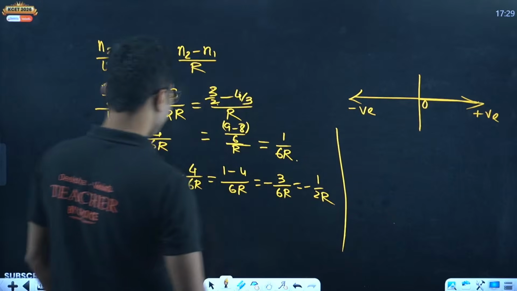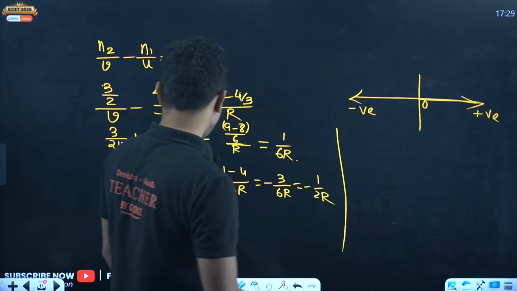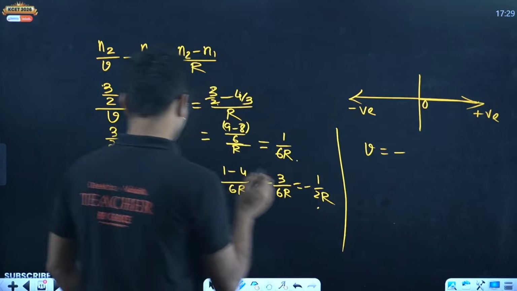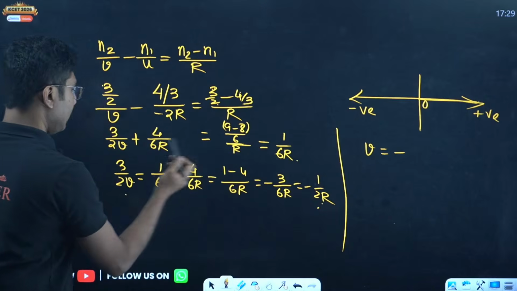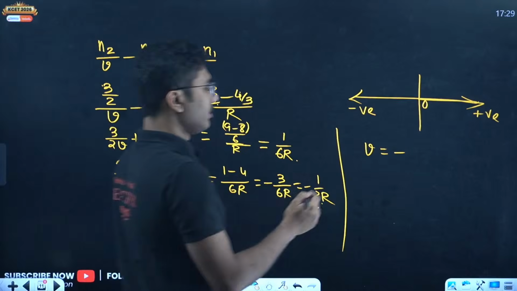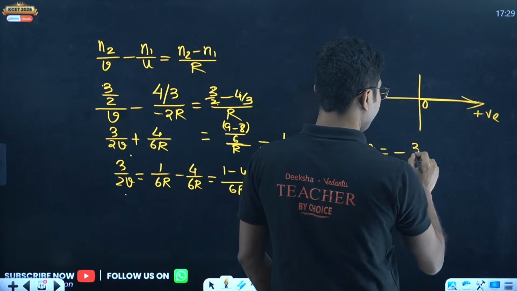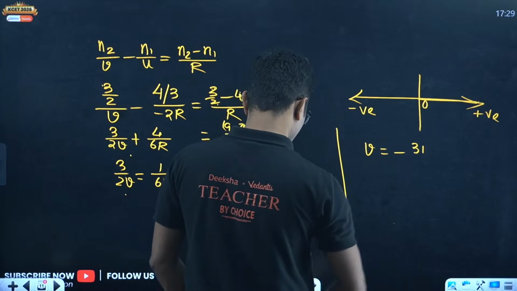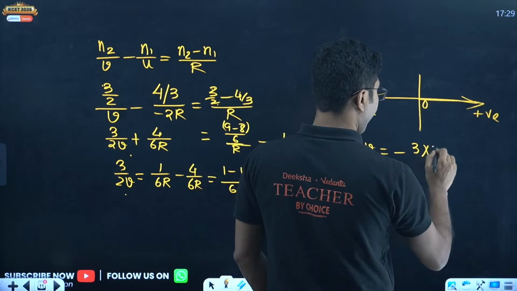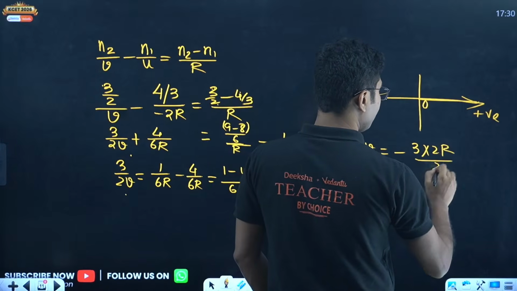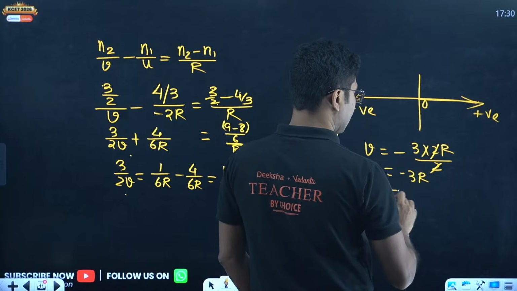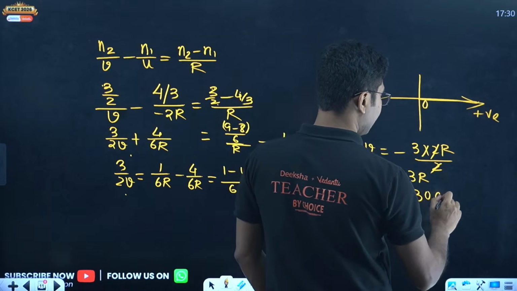What is the value of v? v will be minus, cross multiply, 3 to the 6 by 2, right? So 3r, 3 into 2r by 2. So 2 cancels and we get minus 3r. So minus 3r means minus 30 centimeter.